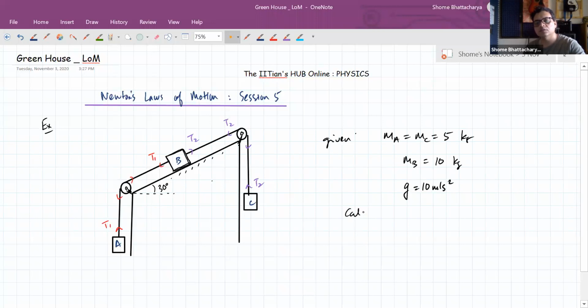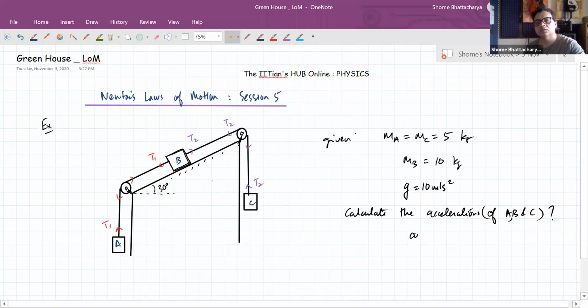You have to calculate the accelerations of the blocks, and you have to calculate tensions. So start working on this straight away.